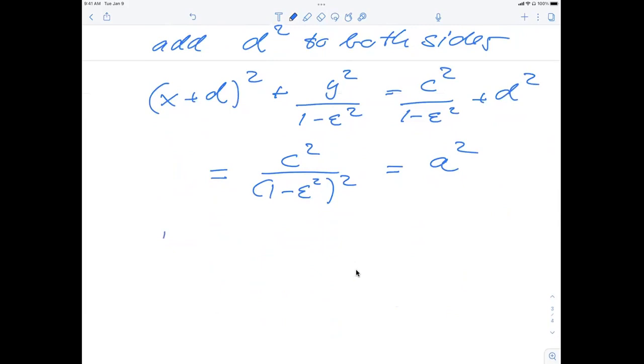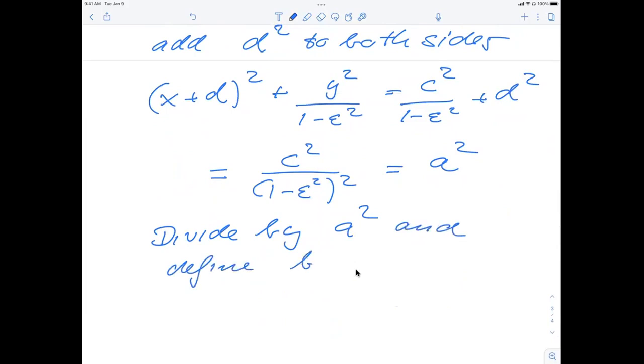Then we divide by this parameter, a squared. But then we define also a new parameter. So this never ends, guys. Define b equal to a times the square root of 1 minus epsilon squared.